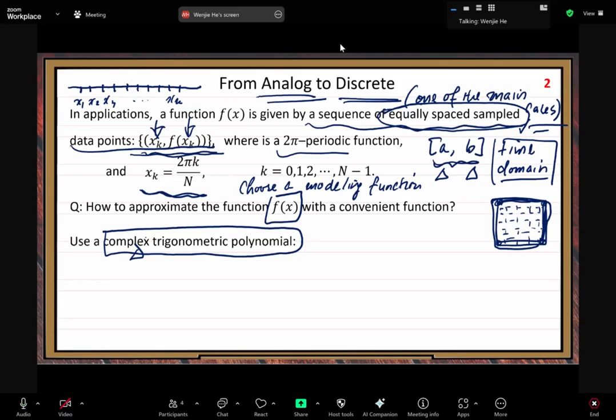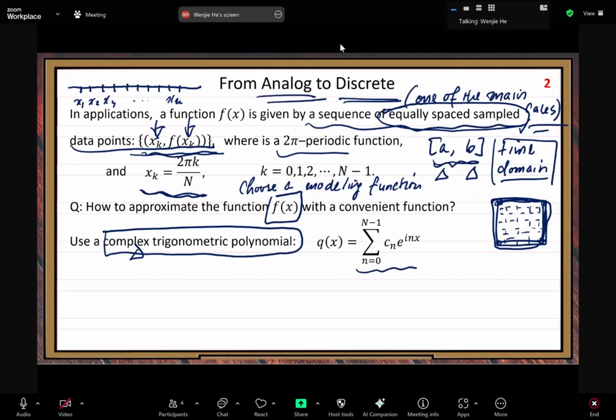So the complex trigonometric polynomial is a nice modeling function. But how to use a complex function to represent it here? What's the complex trigonometric polynomial? This format.